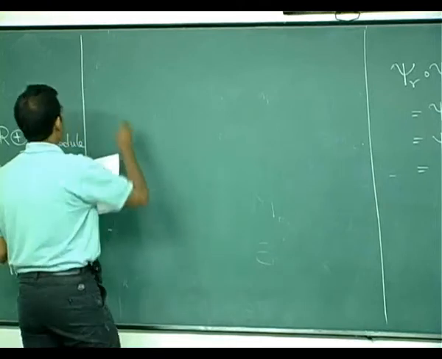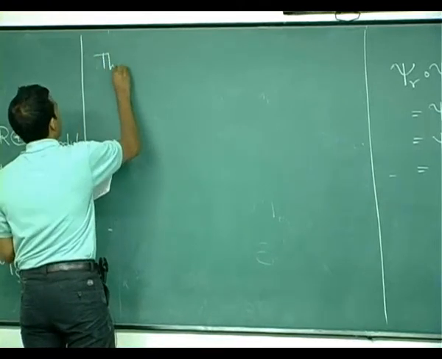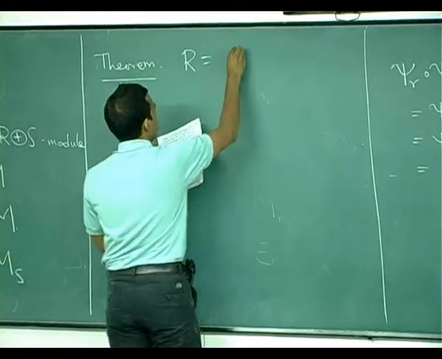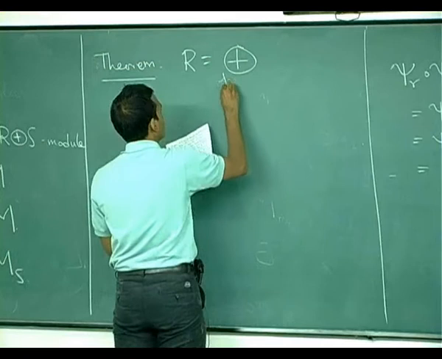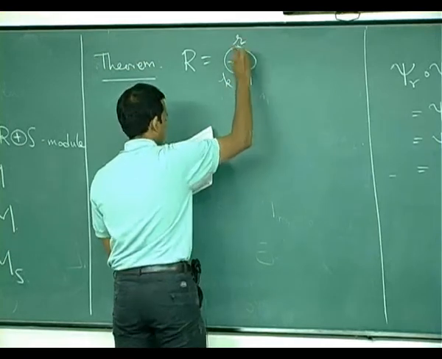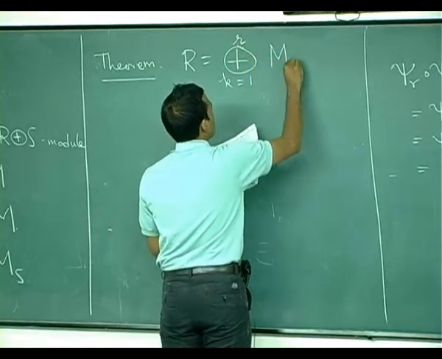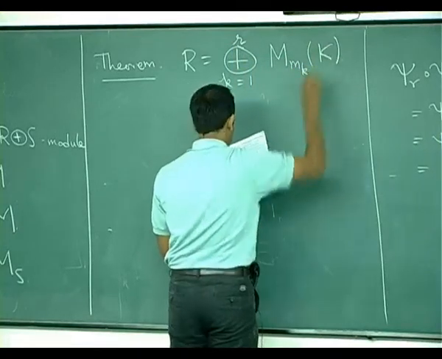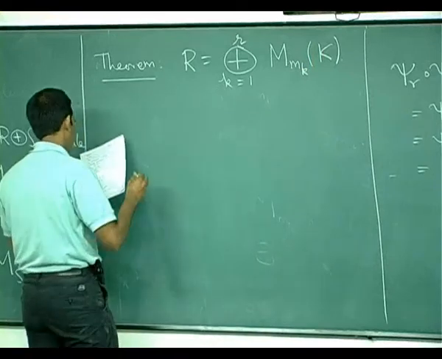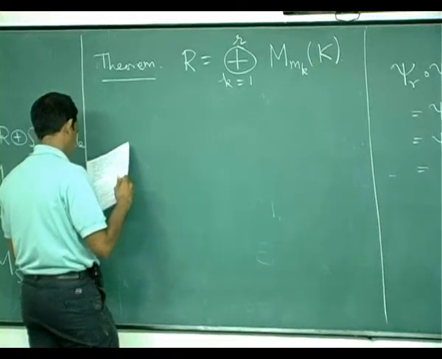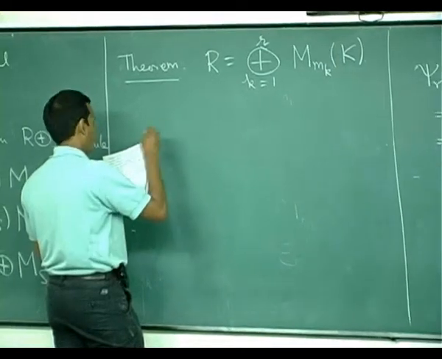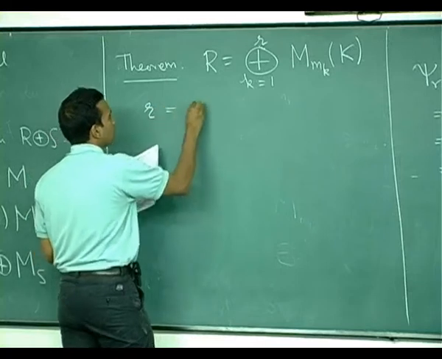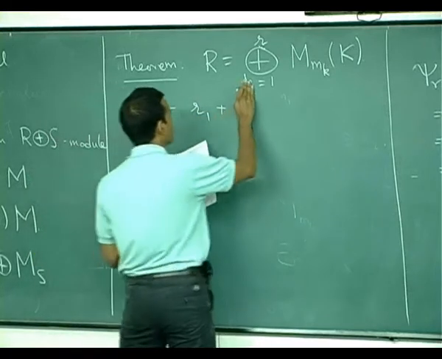So suppose R is the sum, k goes from 1 to r, of M_{m_k}(k). Then I can write any element of R as r_1 plus... Maybe I should change my indexing here.